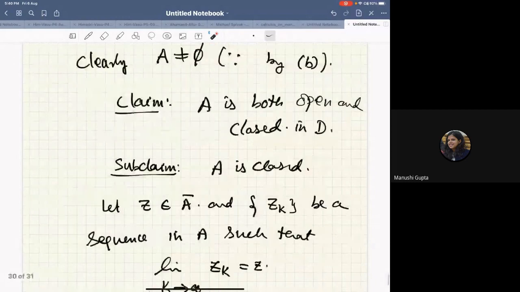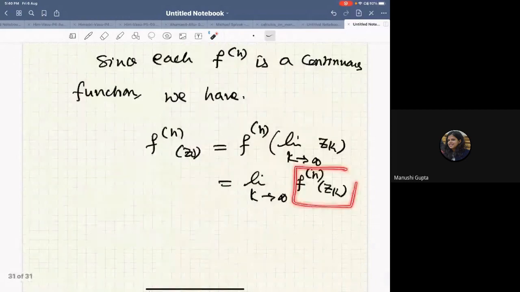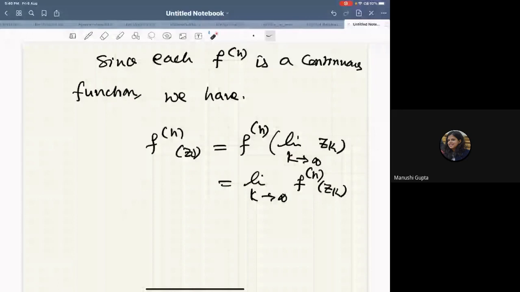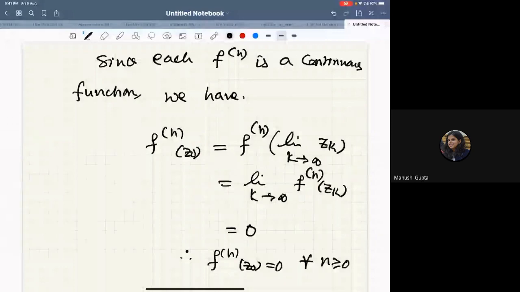Therefore, Fn of Zk is 0. Therefore, Fn of Z0 equals 0 for all n greater than or equal to 0.